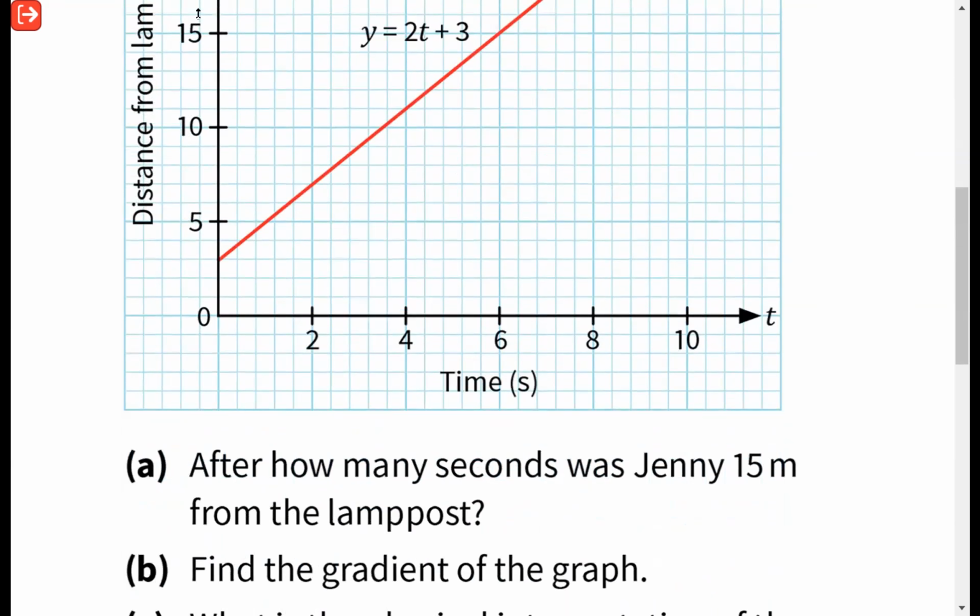Seconds. I'm showing you different ways to get the same answer. It is the same interpretation. How does the distance change with respect to time?